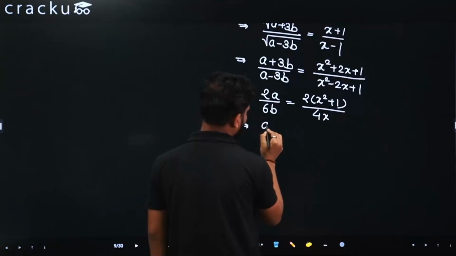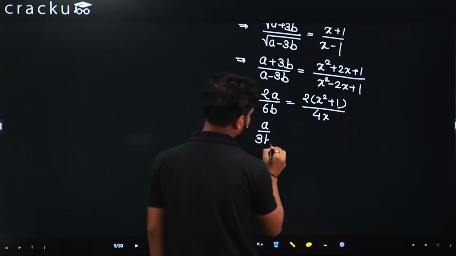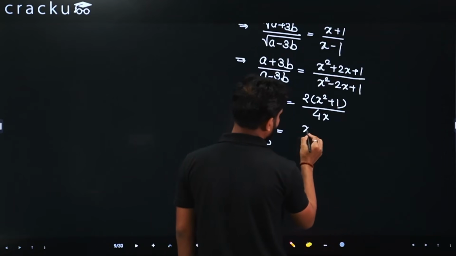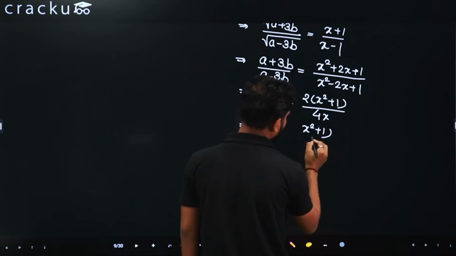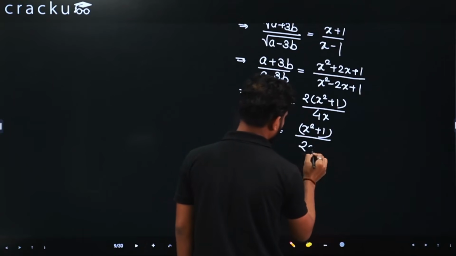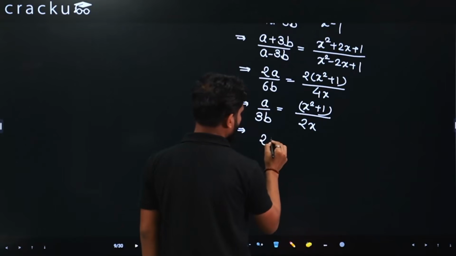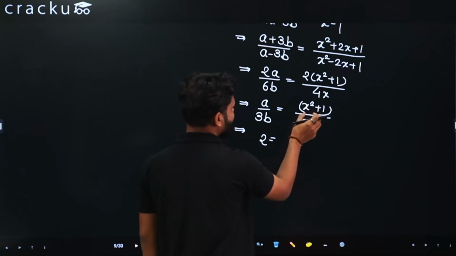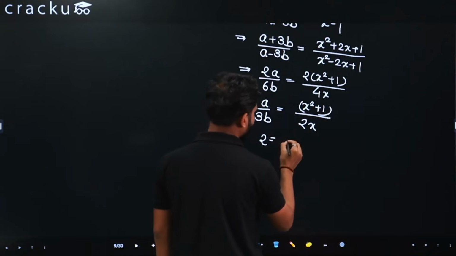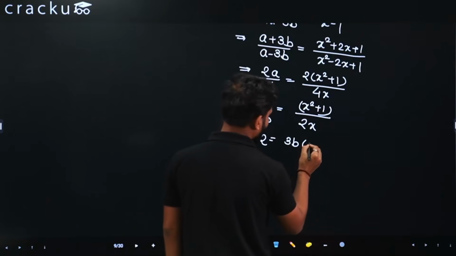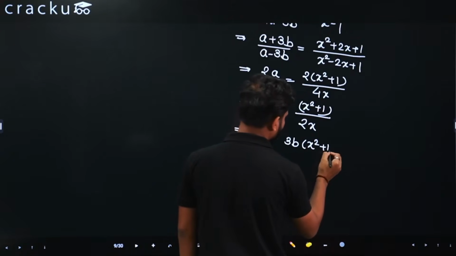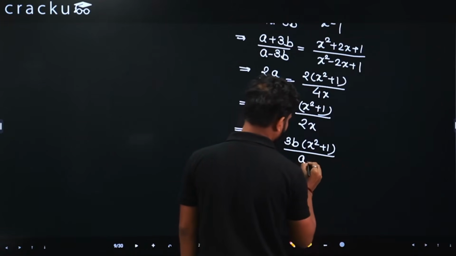You get a upon 3b is equal to x square plus 1 divided by 2x. Or from here I can say 2 is equal to x square plus 1 divided by x into 3b by a. So 3b into x square plus 1 divided by ax.